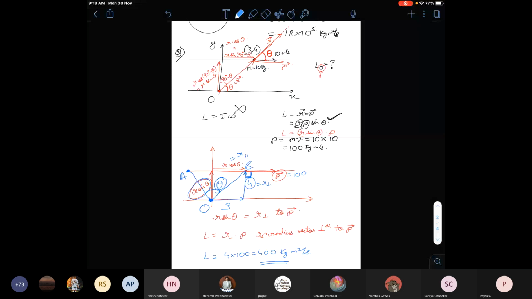So in this manner, it is defined. If you are not getting it, don't worry. Nobody is going to ask you, sir, how in a straight line it is showing angular momentum. You just need to know how to calculate angular momentum. In the exam, they are not going to tell you to describe how you can see angular momentum in a linear motion.